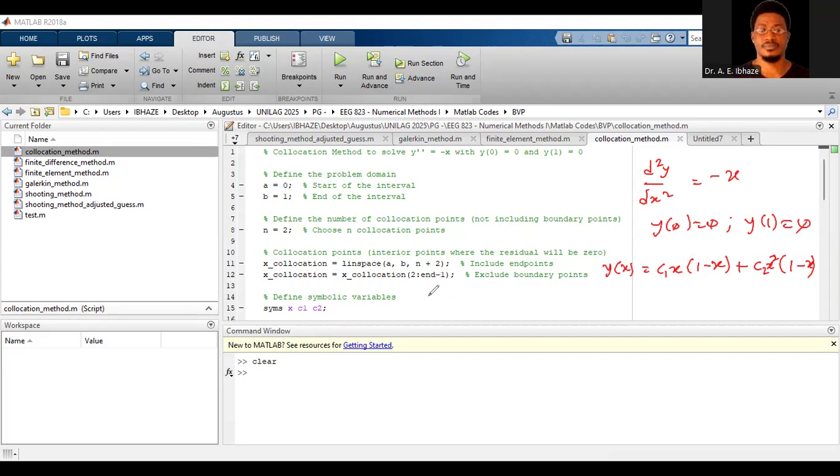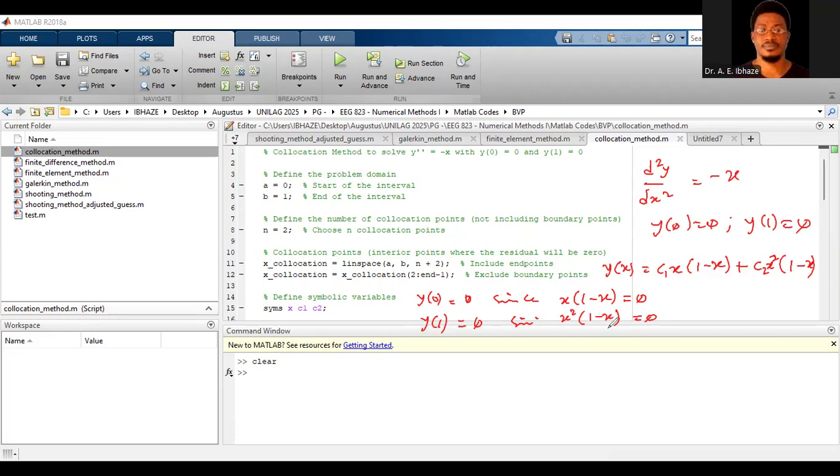At x = 0, y(0) is the same as 0, since x(1 - x) is 0, because 0 times this gives us 0. And y(1) being 0 will also give us 0, since x squared times (1 - x), 0 squared times this, is also 0.